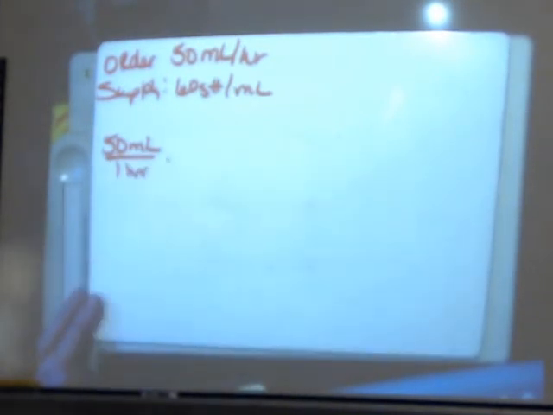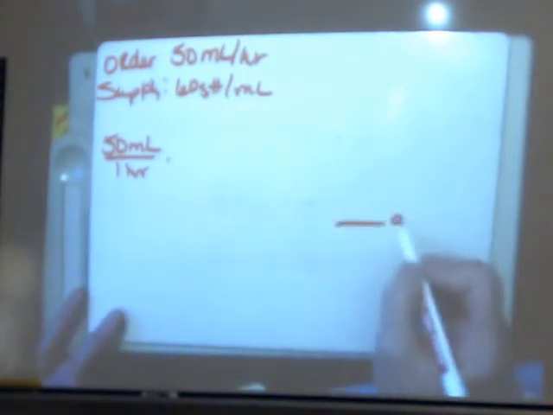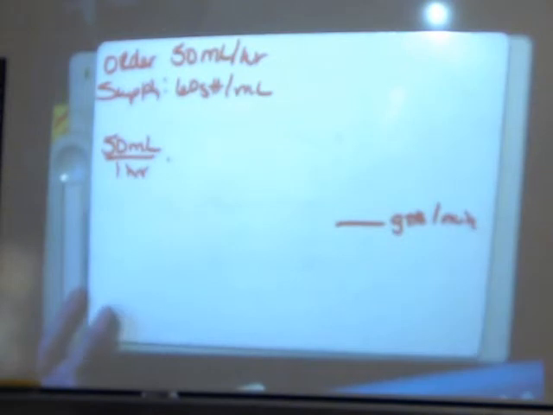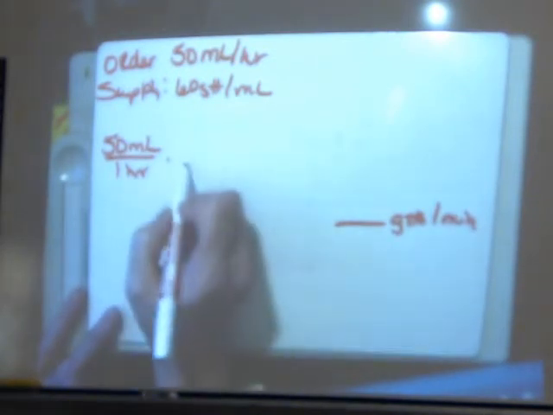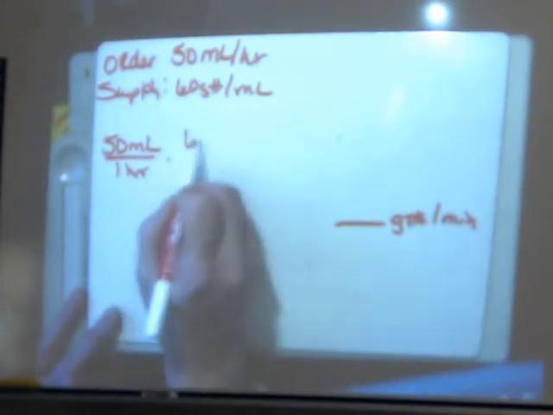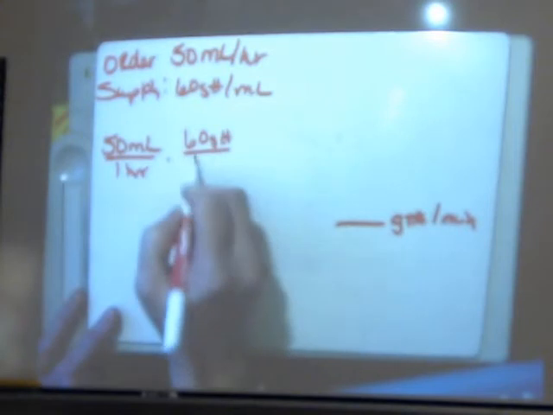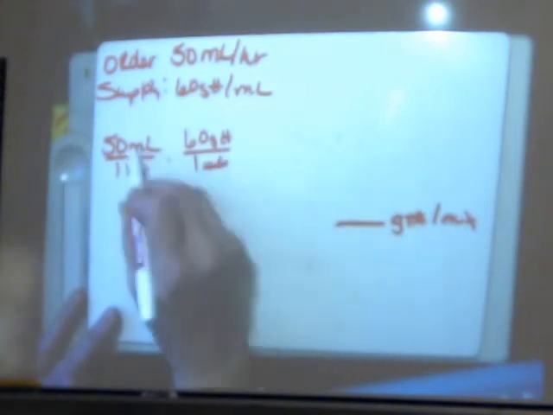And what we have is 60 drops per milliliter. And what we're looking for is drops per minute, right? That's what we've got to find in the end. So we have our order. Now what we have on hand is drops per milliliter. So we're going to put our drops on top, right? And milliliter on the bottom because we got to get rid of our milliliter.